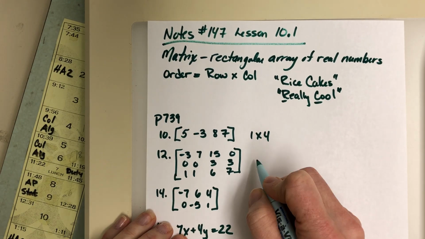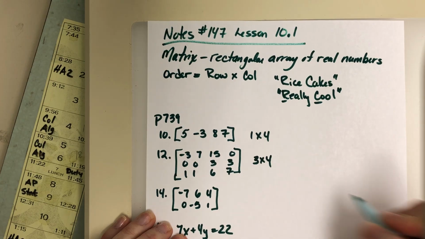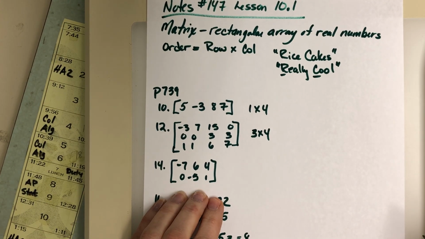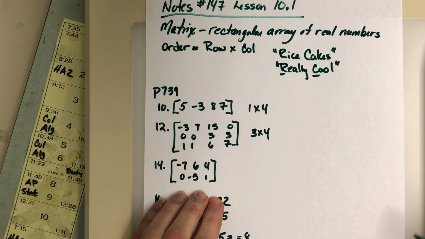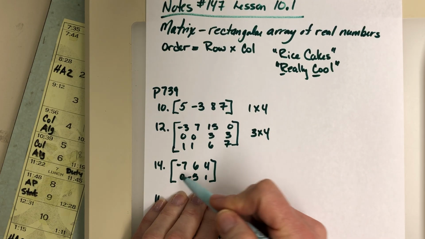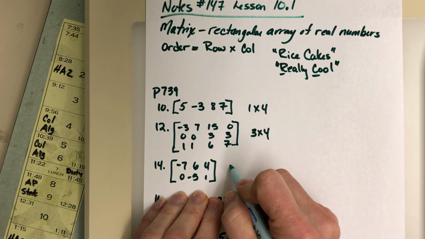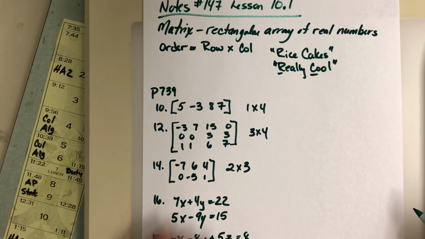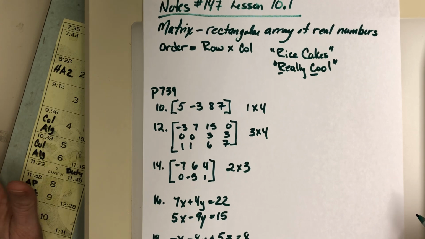So this matrix is 3 by 4. Next, number 14 from the textbook on page 739. Looking at the number of rows, you have just 2 and 3 columns. So we would say this is a 2 by 3 matrix. And that's order, easy enough.